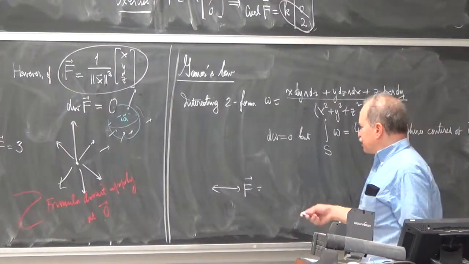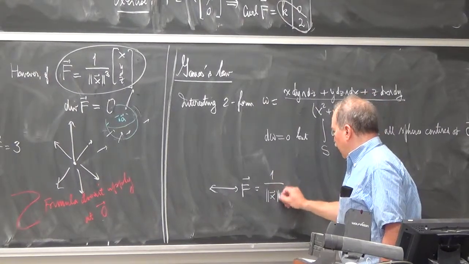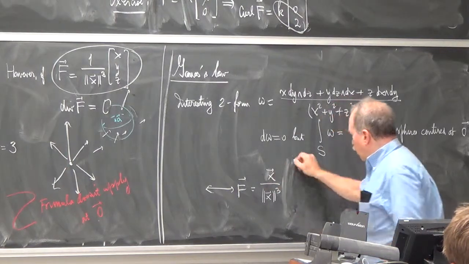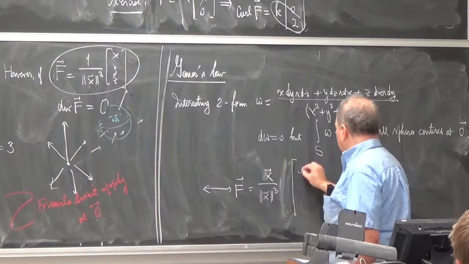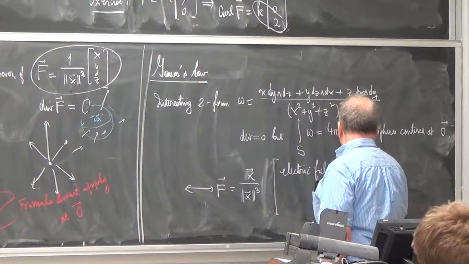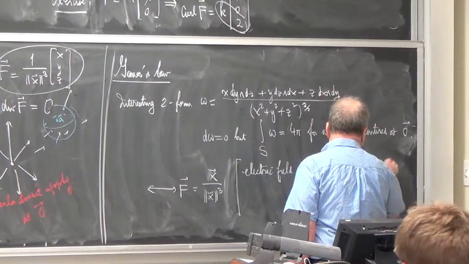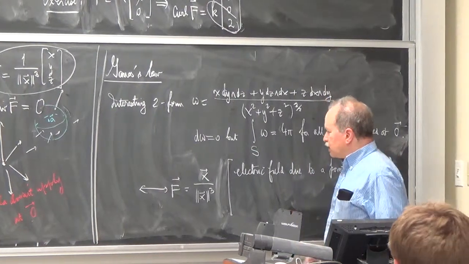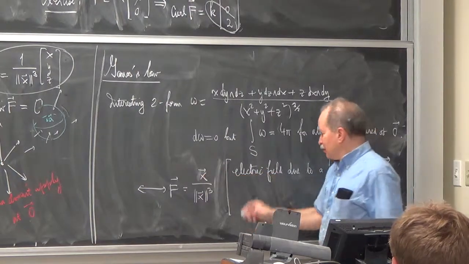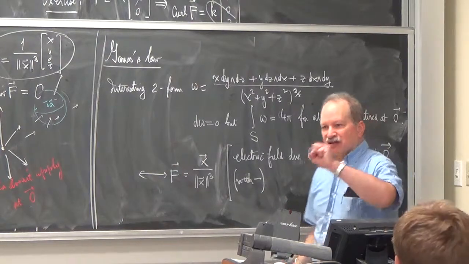So this corresponds, up to a sign and constants, to an inverse square vector field, which we just said corresponds to the electric field due to a point charge at the origin, or it corresponds to gravity. If I put a minus sign there, it's the gravitational field due to a point mass at the origin.